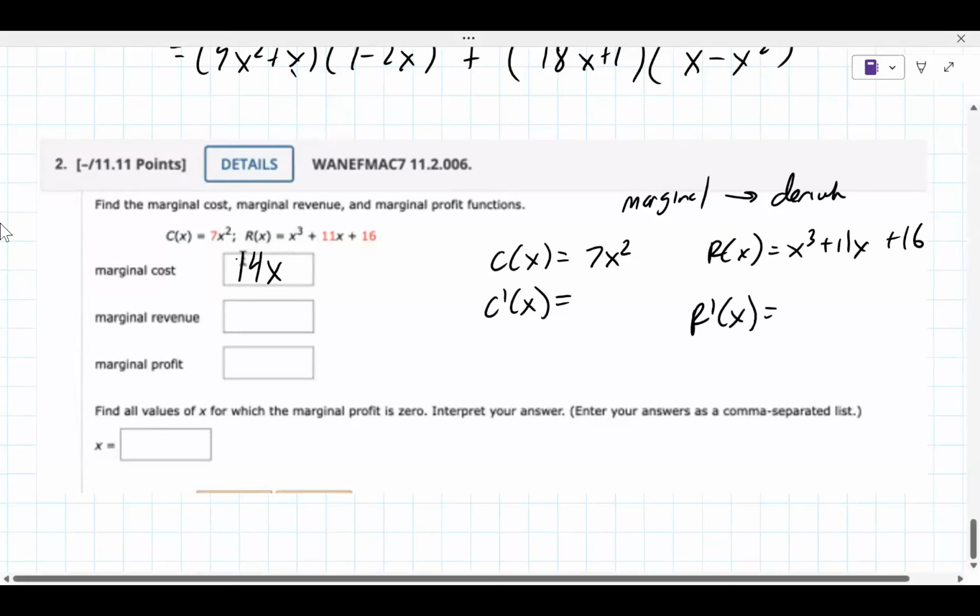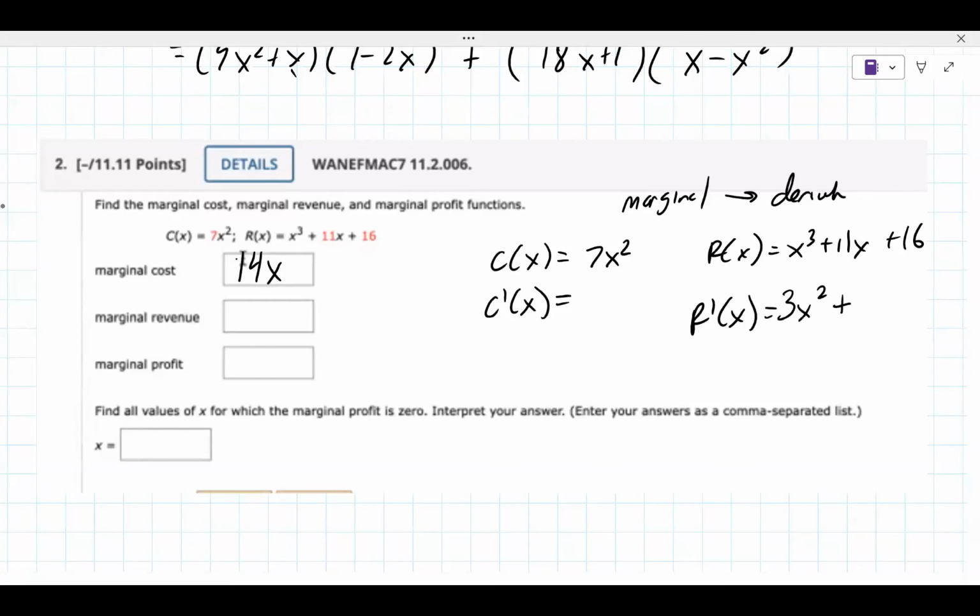So I would bring the 3 to the front, so it'd be 3x to the power of 3 minus 1. 3x squared, good.